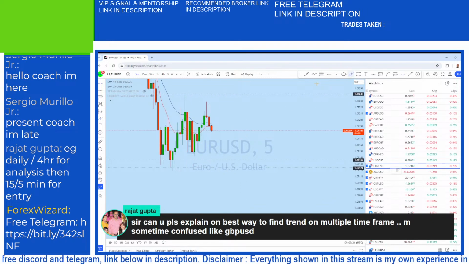What we can see is a doji followed by a long bearish engulfer.